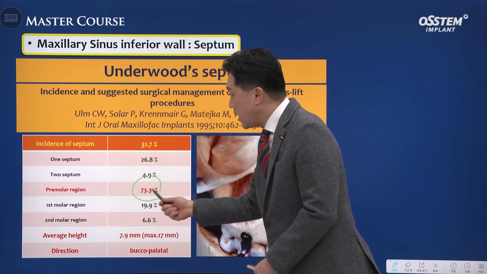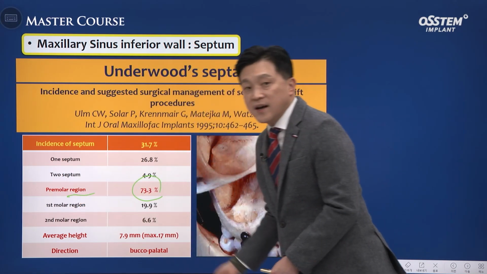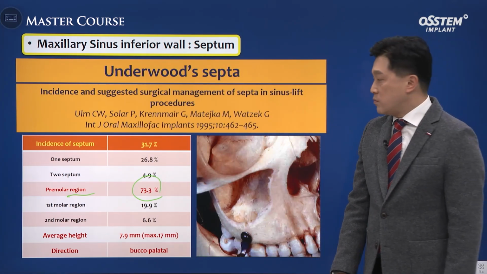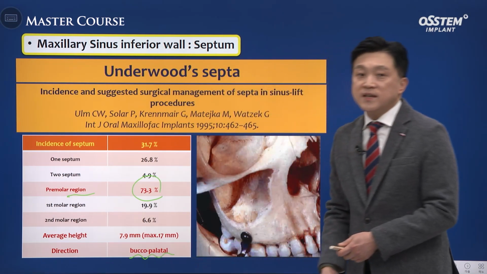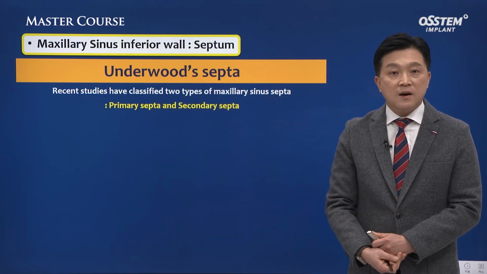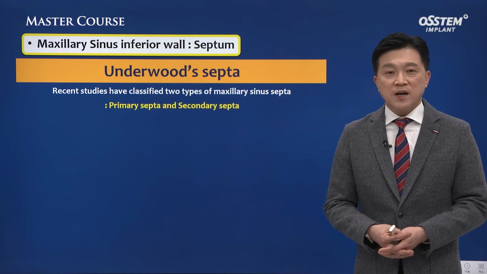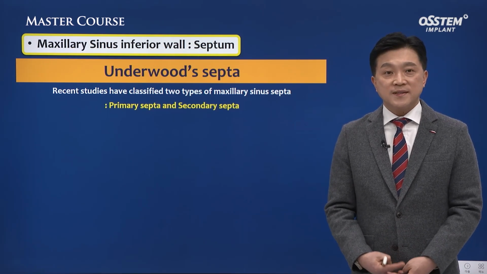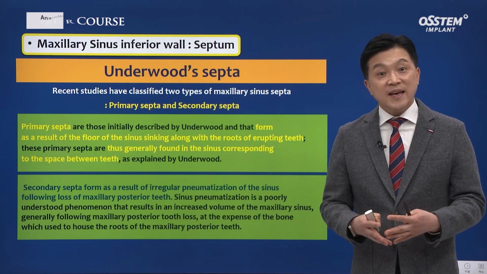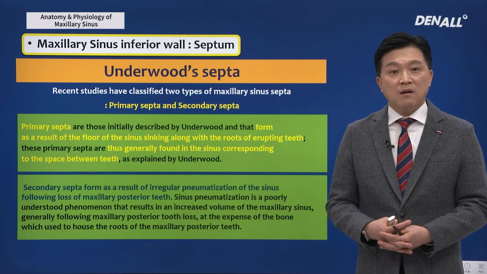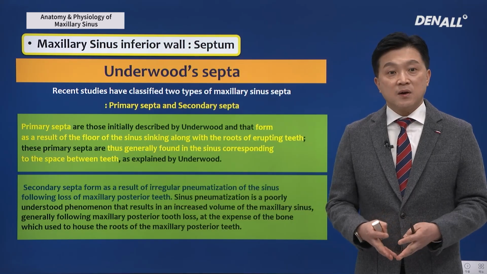The septum incidence rate is most prominent in the premolar region, with the percentage being 73.3%, and septum exists in buccal-palatal direction. Underwood septa can be divided into 2. There is a primary septum and secondary septum. Primary septum refers to what was already existing.